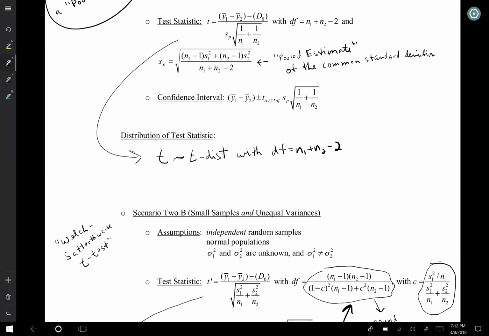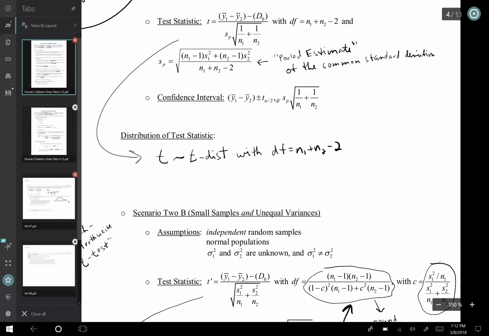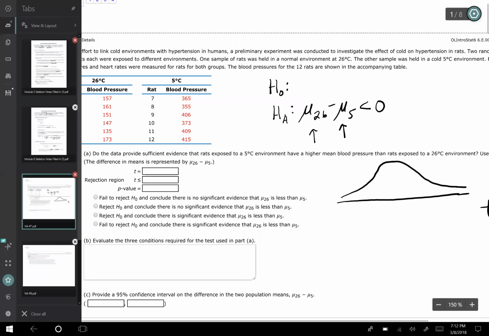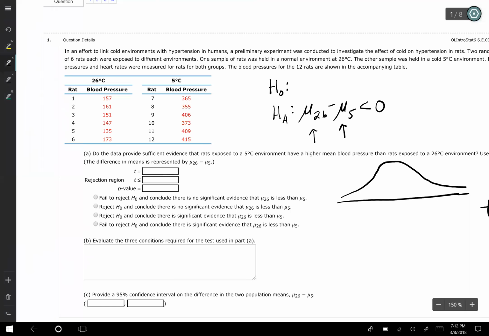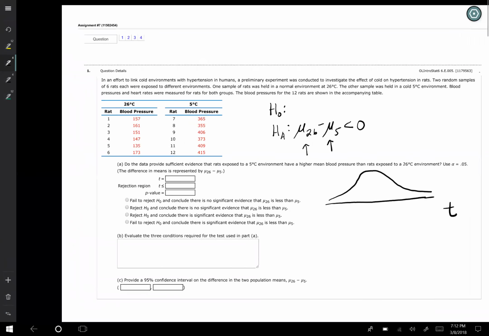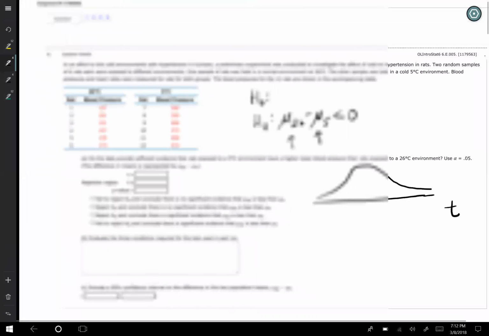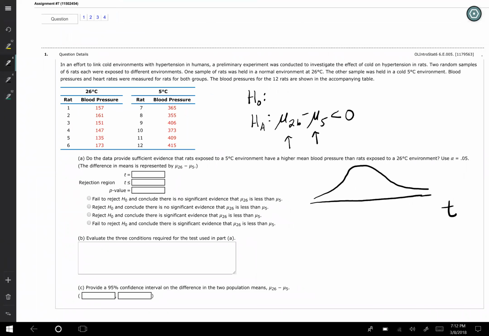If you have S1 and S2, if we go back to this problem here, let's see. Did we compute S1 and S2? Yes. I think S1 I got 258.97.